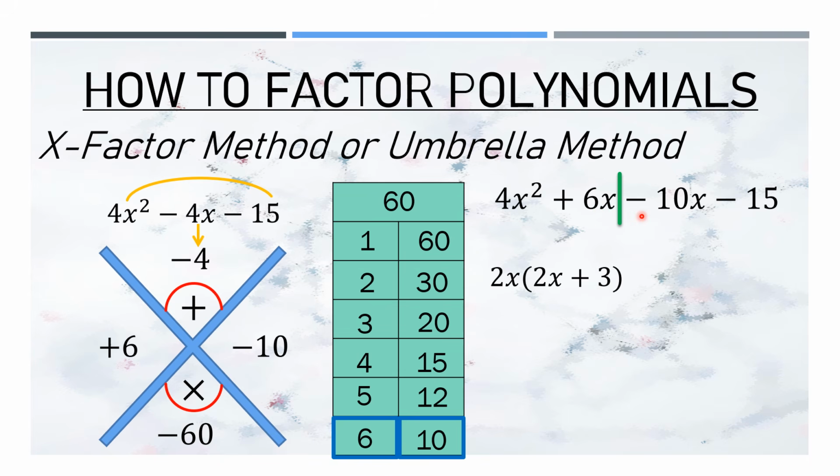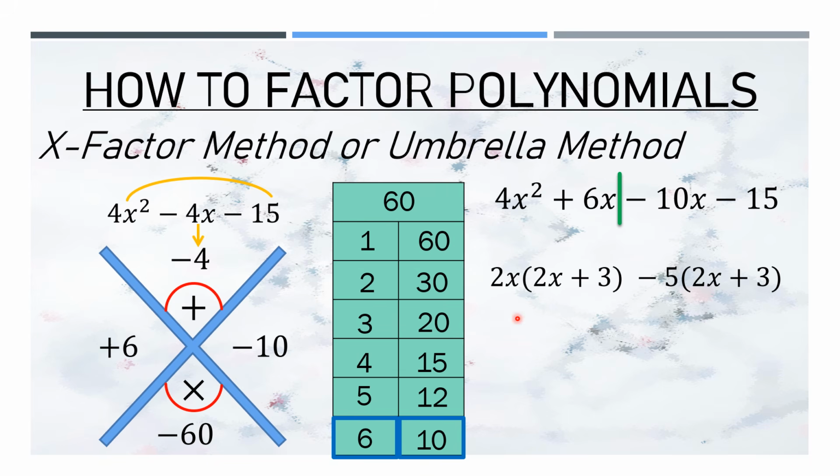Okay, let us now factor negative 10x minus 15. Negative 5 times the quantity of 2x plus 3. Let us now double check. Negative 5 times 2x is negative 10x. Negative 5 times 3 is negative 15.